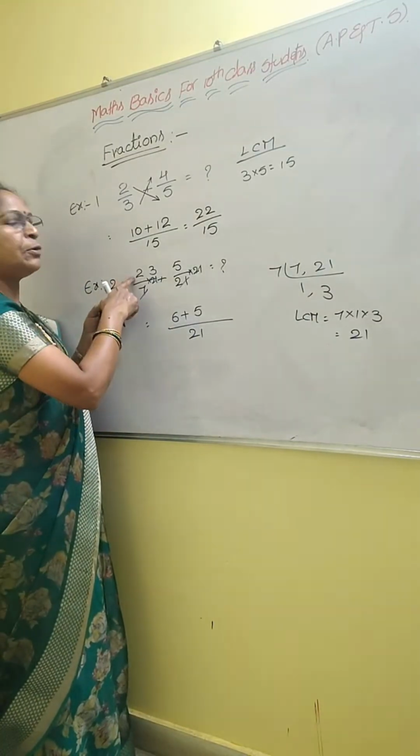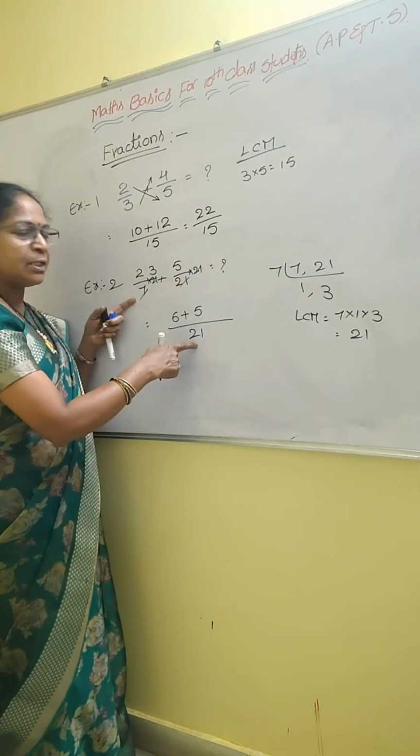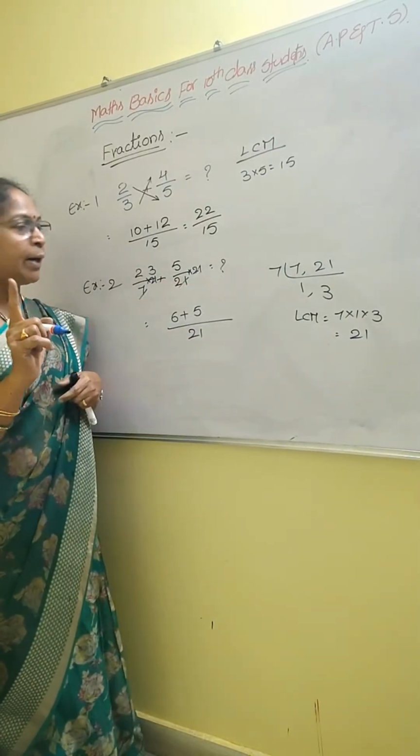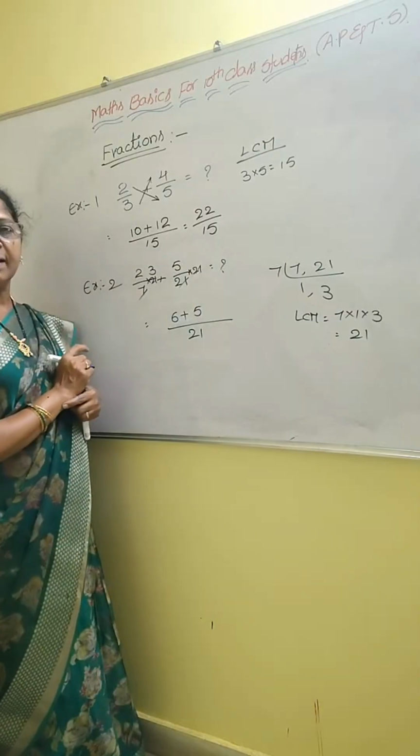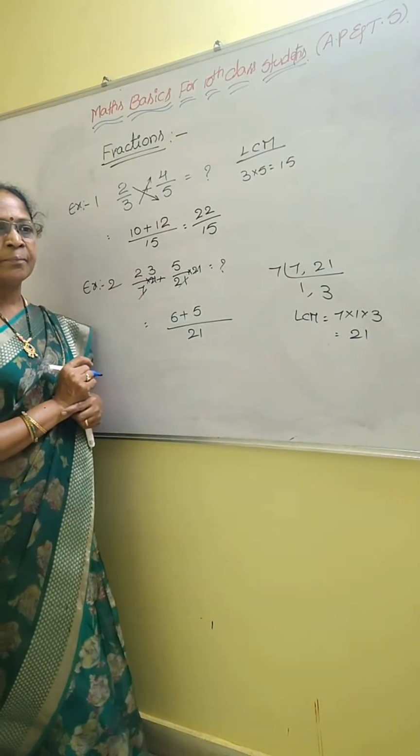So 3 into 2 is 6, plus 21 goes in 21 one time, so 1 into 5 is 5. This is one of the methods. Like that you have to write it down.